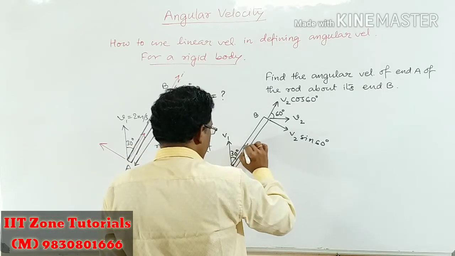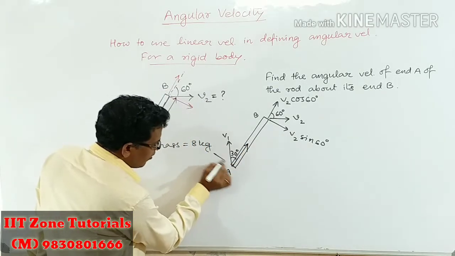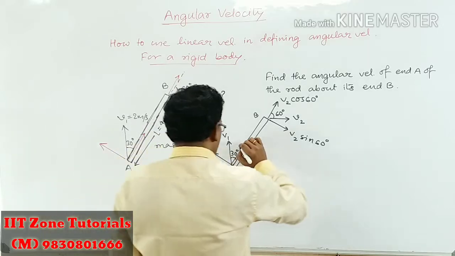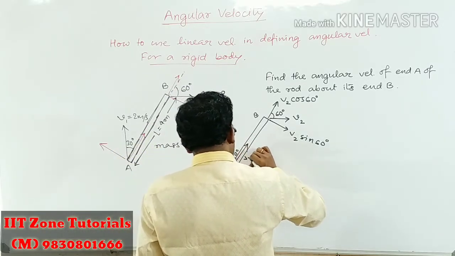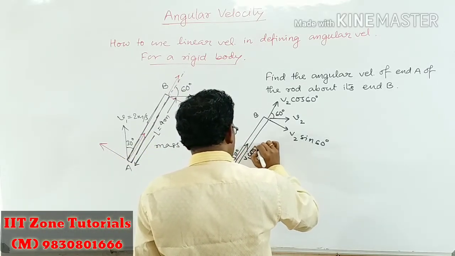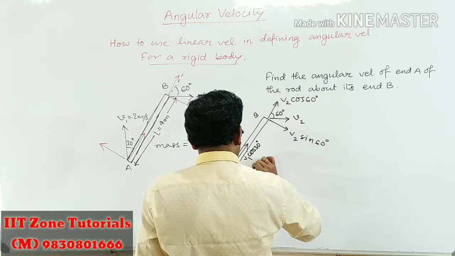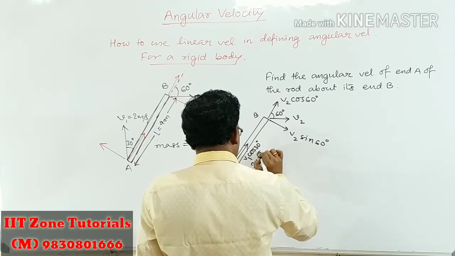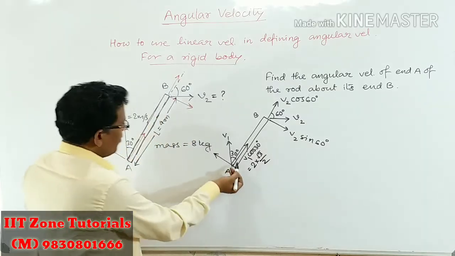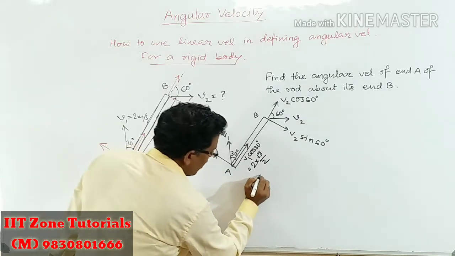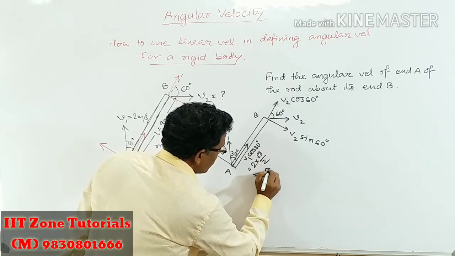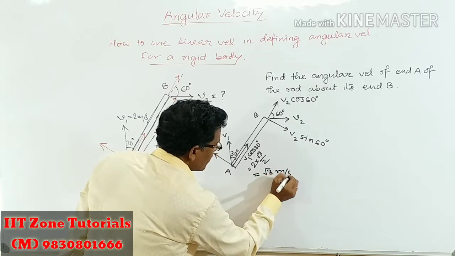Resolving that velocity, one along the rod and one perpendicular to the rod, I get on this side v1 cos 30. As we know the value of v1, which is 2 into root 3 by 2, ultimately this value is equal to root 3 meter per second.